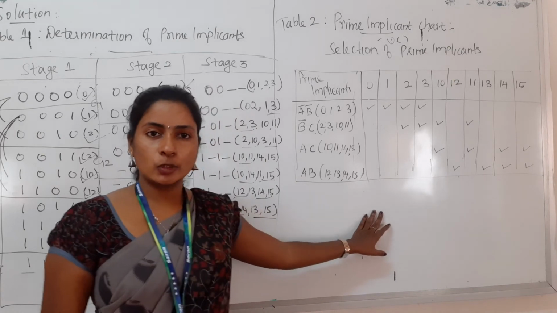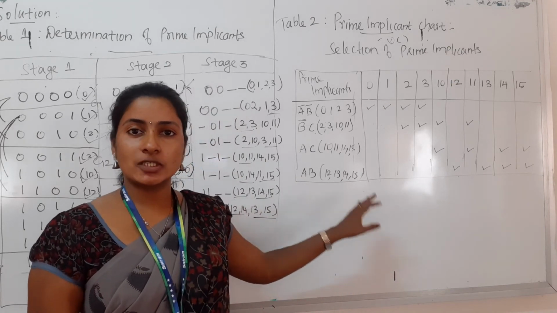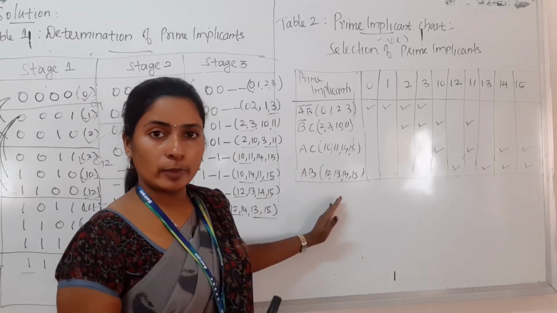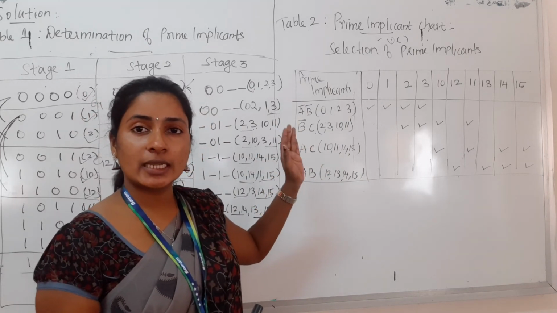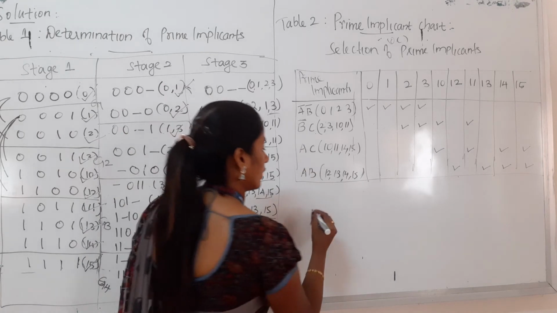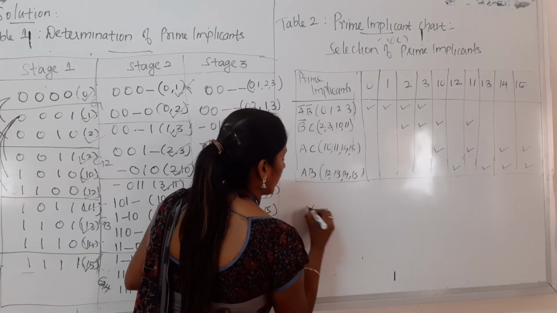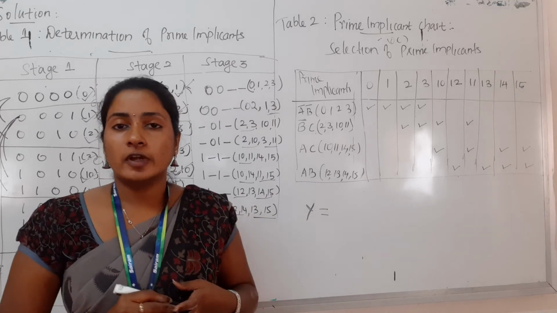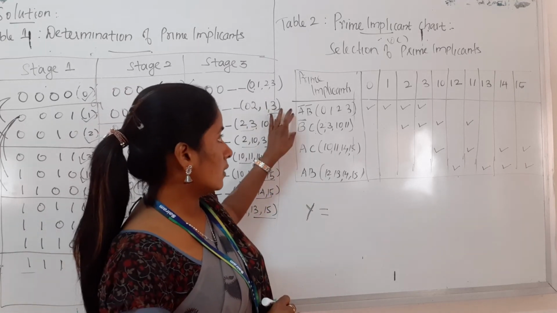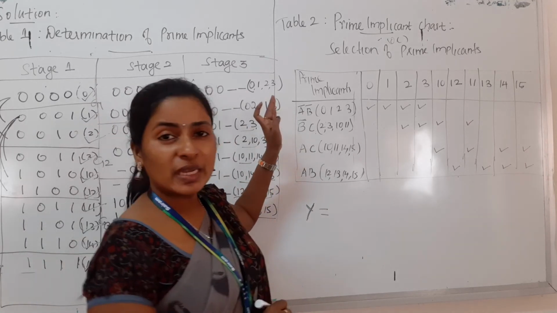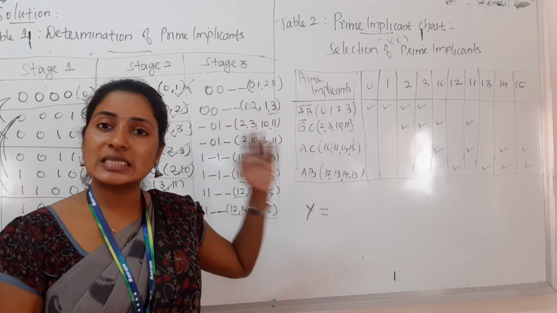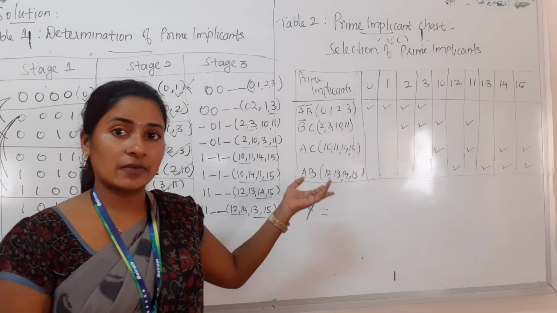Okay, so after doing this, we have to select the essential prime implicants from this table. Actually, there are 4 prime implicants. We have to decide which are the essential prime implicants for the result y equal to. So how to find that? You have to find the minimum prime implicants which cover maximum min terms.